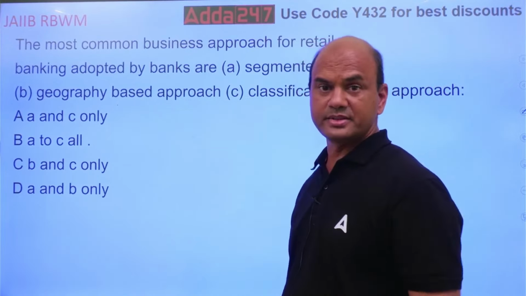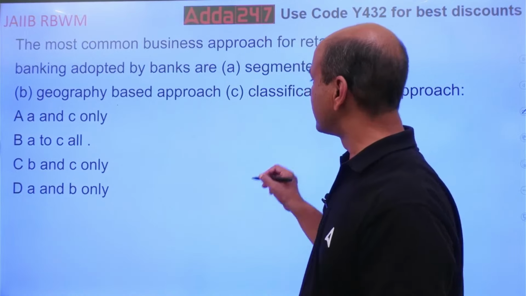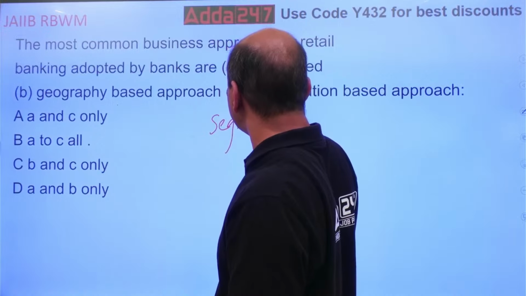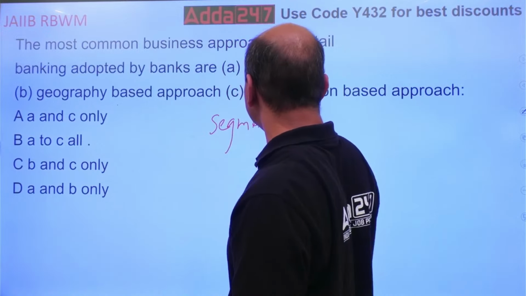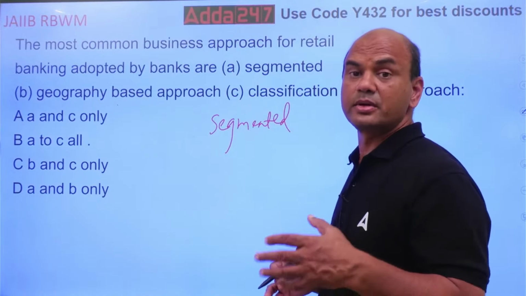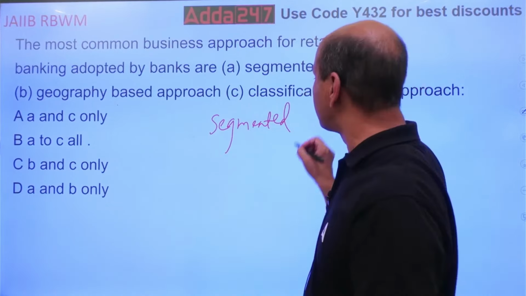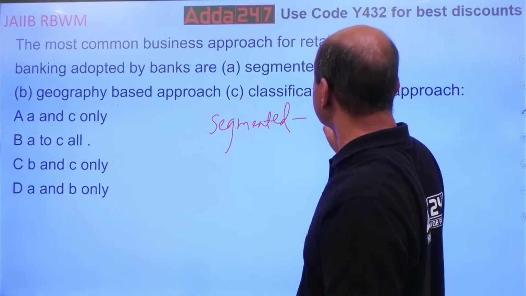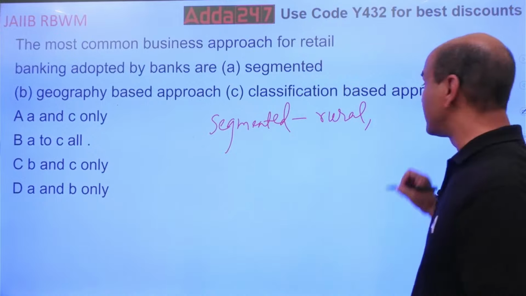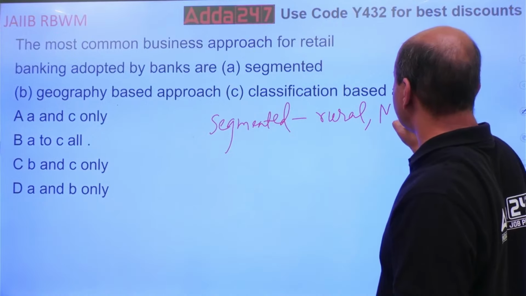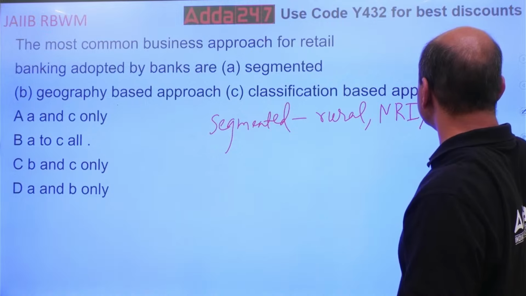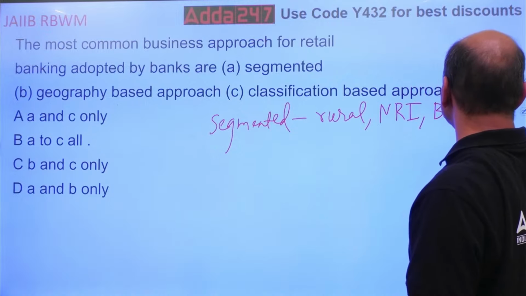So what do you mean by this? See, segmented means, based on the customer base. I'll call this branch a rural branch, this branch an NRI branch, and this branch a business branch because there are a lot of business customers over here.